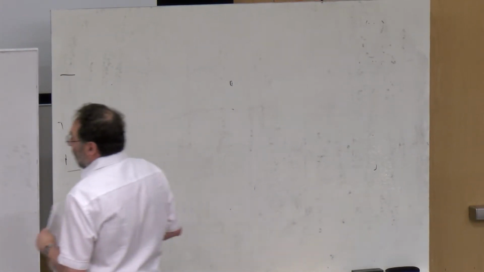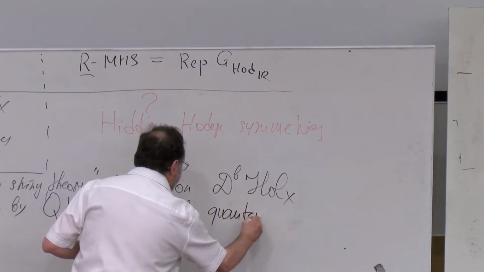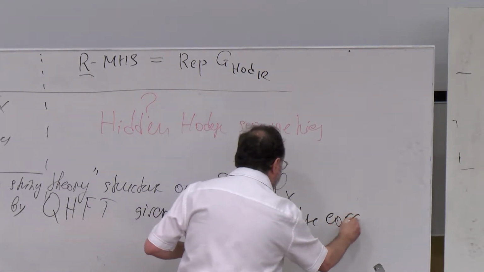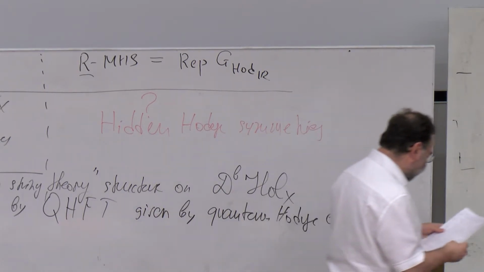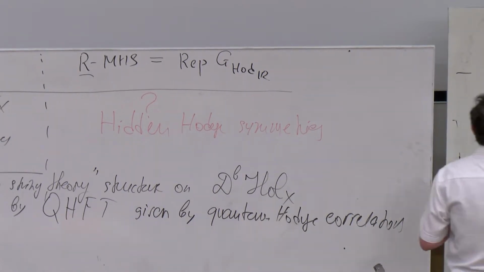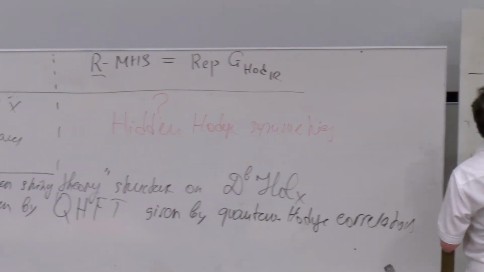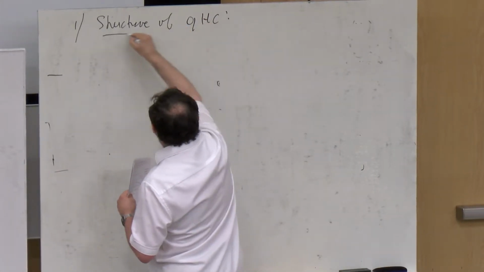So this quantum Hodge field theory is given by something which I called quantum Hodge correlators. Something like correlation functions of something. And so what is the structure of these quantum Hodge correlators?